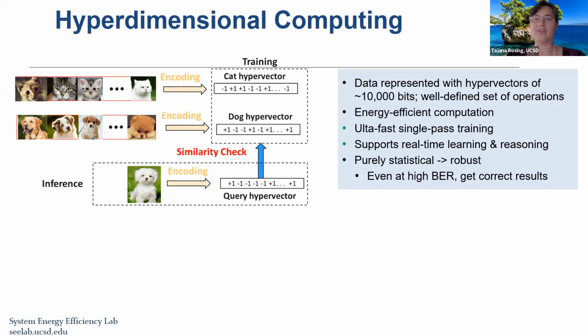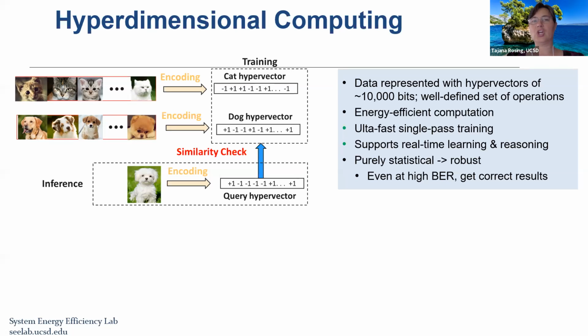So to summarize, at the very high level with HD computing, data is represented with these hypervectors that use up to 10,000 bits. Because we can actually use in-memory and in-storage computing, we can get very energy efficient computation. We can also leverage the strength of HD computing in getting super fast training.